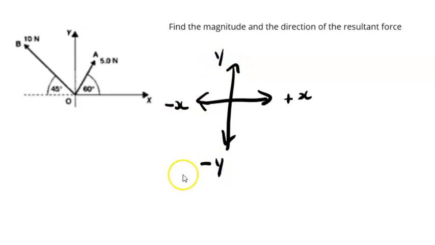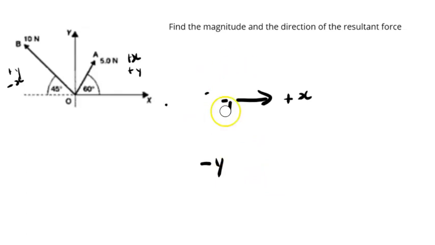We're going to follow the same rules. Here this is going this way, so we have positive x and positive y. This is going this way though, so we're going to have negative x, and it's still going up, so we're going to have positive y.